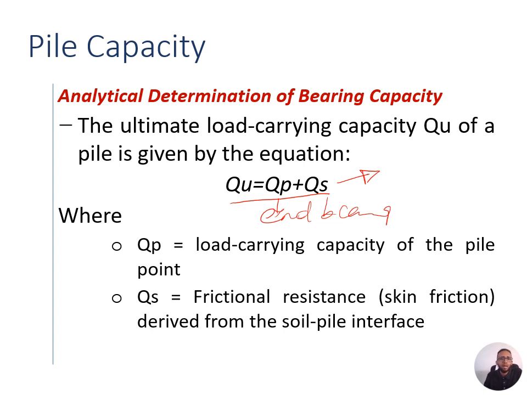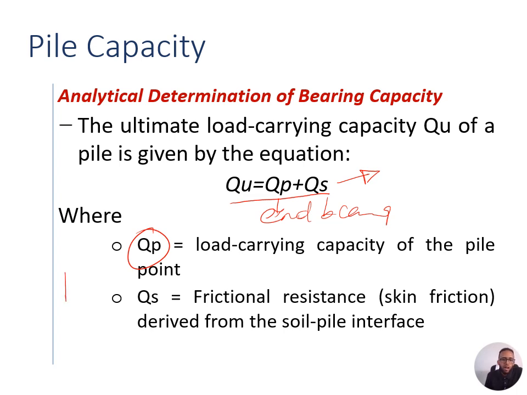So this analytical approach allows engineers to calculate ultimate pile capacity by considering the specific soil condition and pile geometry. The tip resistance, which is QP, can be determined based on the soil property and the cross-sectional area of the pile tip, and the type of the pile tip.